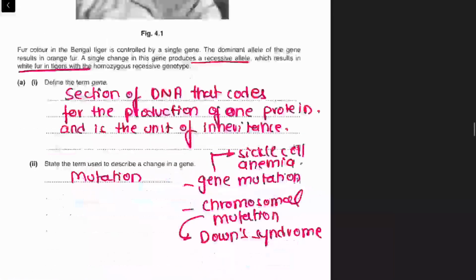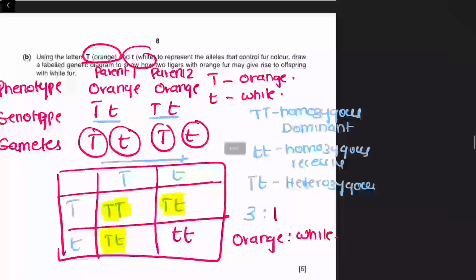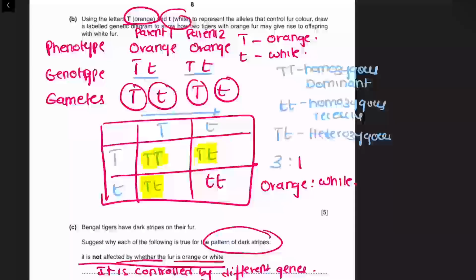4B, the marks are allocated. No. Let me see, I can't even remember. So 1 mark to show 2 heterozygous individuals.